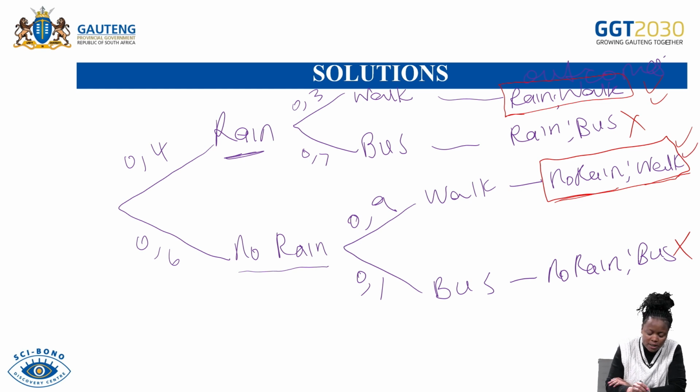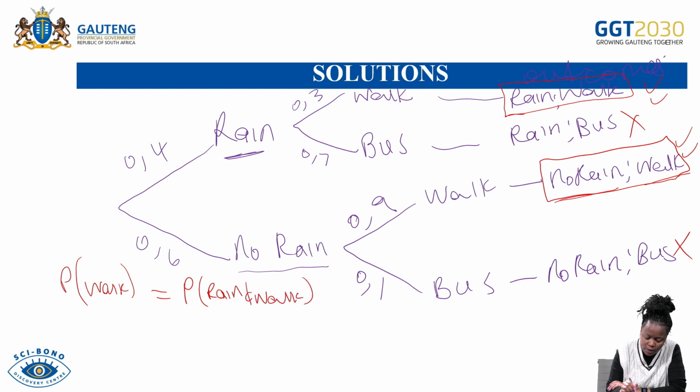Right? So you'll say the probability of Lindiwe walking tomorrow is going to be the probability of rain and she walks, plus, remember if you go down, I said you add, the probability of no rain and she walks.